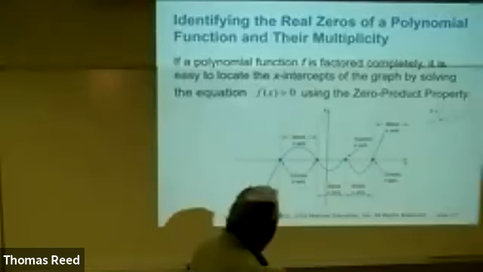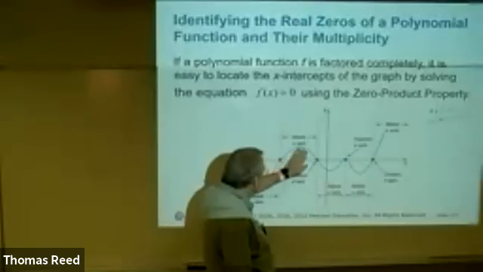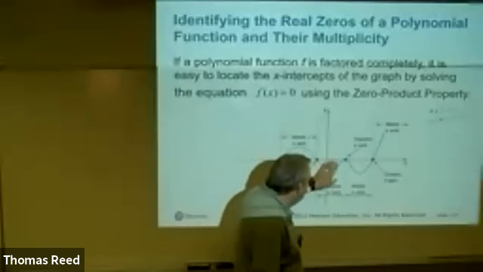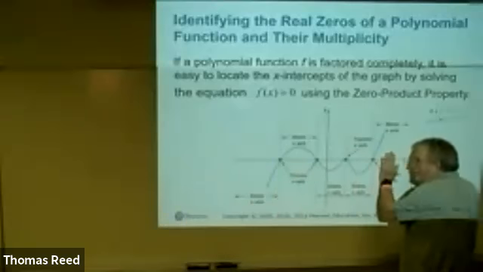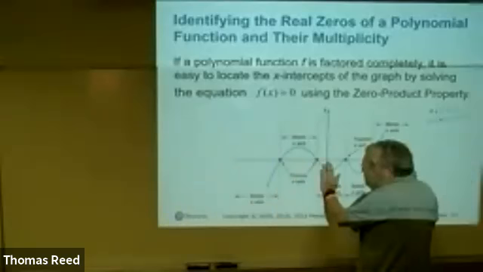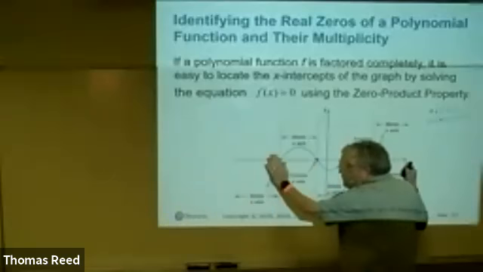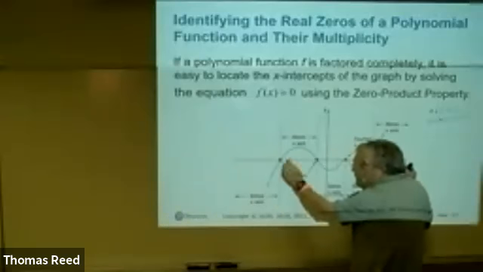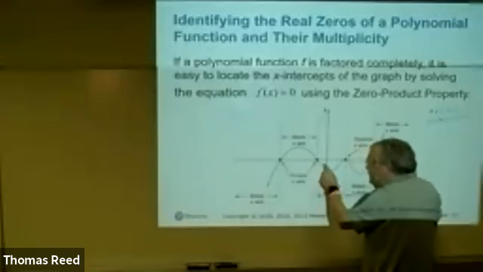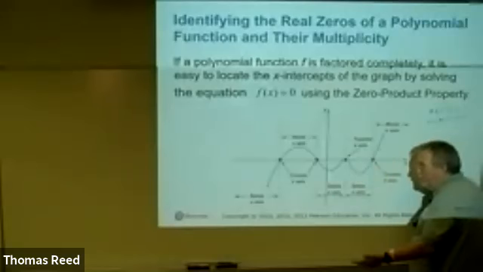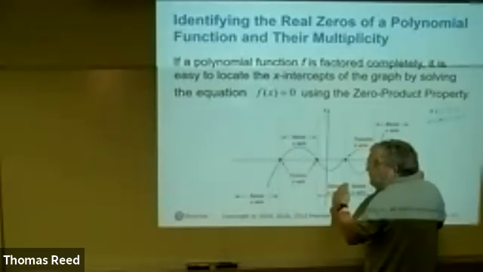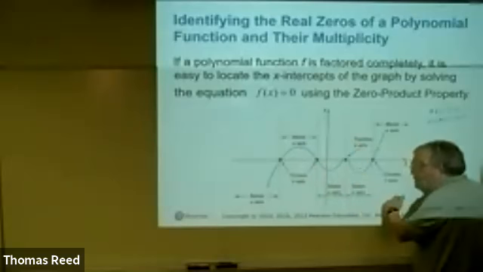If the sign is different on either side of that x-intercept, so it's below on one side and above on the other, then it just crosses the x-axis. And you can tell which direction, because is it coming from the negative and going into the positive, or is it coming from the positive and going into the negative?